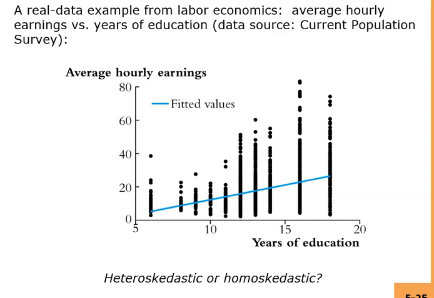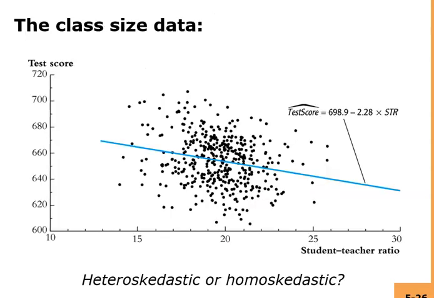If you look at the distribution of the error term, it is tighter at the lower end of years of education, but at the higher end of years of education, the distribution of the error term becomes wider and wider. So this is also the case of heteroskedasticity.